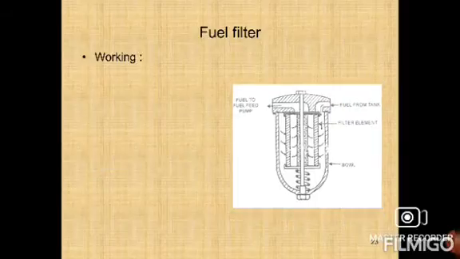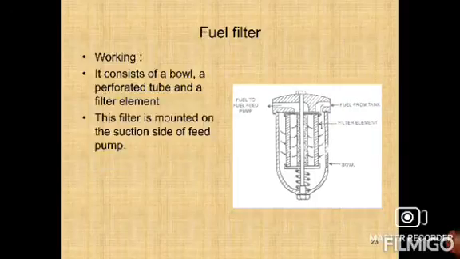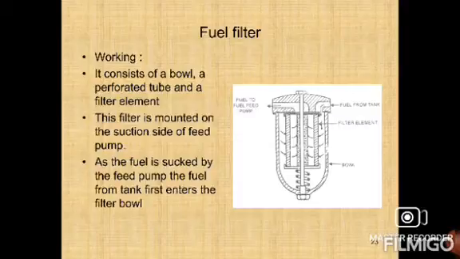How does it work? It consists of a bowl, a perforated tube within a tube, and a filter element. The filter is mounted on the suction pipe of the feed pump, so the fuel is sucked by the feed pump.